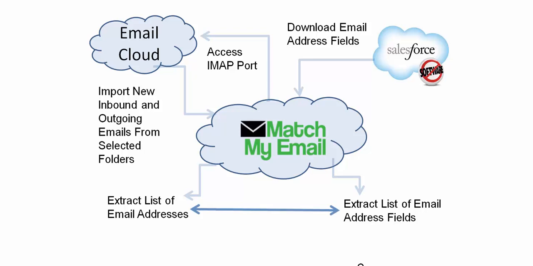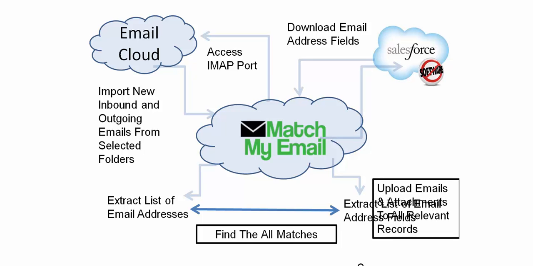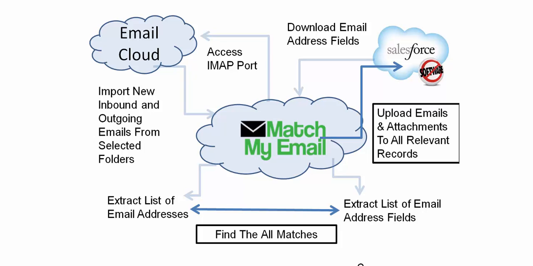Computers are very good at finding matches between exact things, in this case, email addresses. When Match My Email finds a match between the email addresses in the header and the email addresses in a record in Salesforce, or multiple records in Salesforce, it uploads the emails and the attachments to all the relevant records.